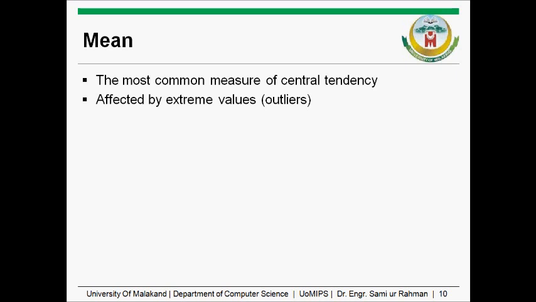Izhar is the youngest one. Okay, so these extreme values are called outliers. When you compute the mean, this value is affected by the extreme values.